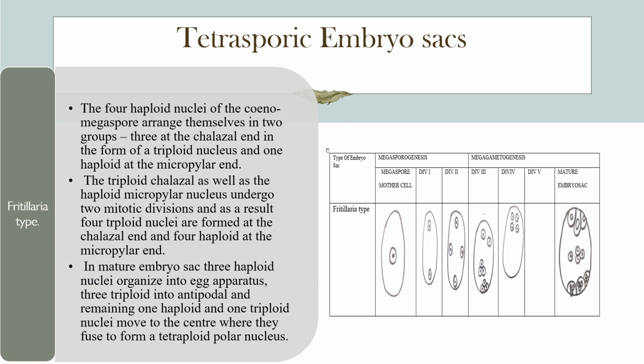The triploid chalazal as well as the haploid micropylar nucleus undergo 2 mitotic divisions, and as a result 4 triploid nuclei are formed at the chalazal end and 4 haploid at the micropylar end. In the mature embryo sac, 3 haploid nuclei organize into the egg apparatus, 3 triploid into antipodals, and the remaining 1 haploid and 1 triploid nuclei move to the center where they fuse to form a tetraploid polar nucleus.